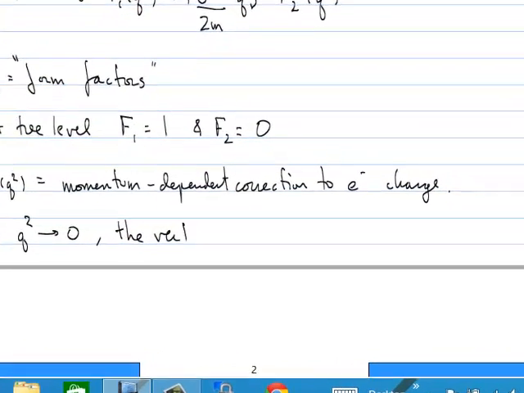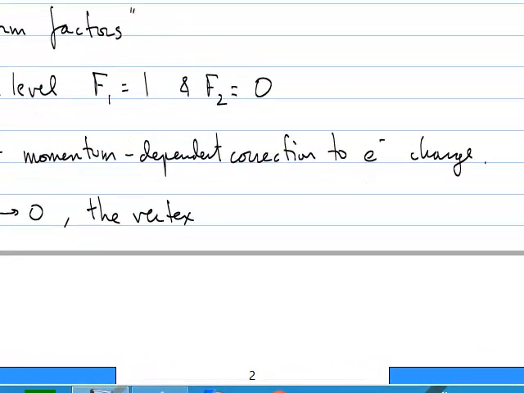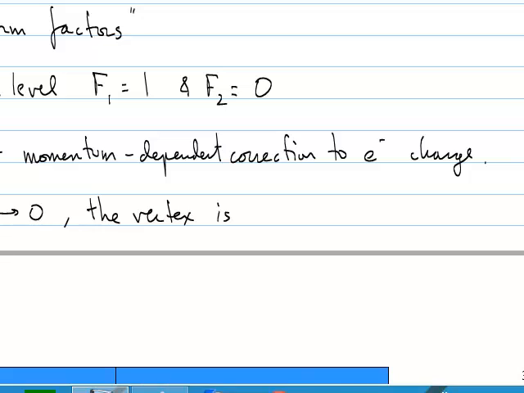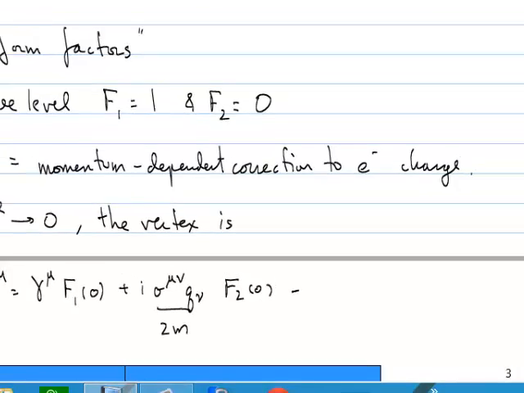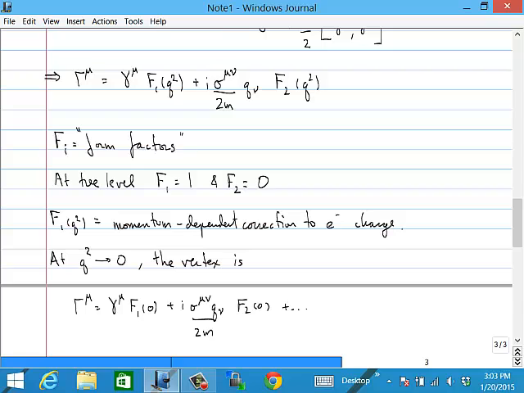In this limit, what does the vertex look like? Well, it's just gamma mu times a number, f1 of 0, plus i sigma mu nu q nu over 2m times another number, f2 of 0, plus terms that are higher order in the momentum.